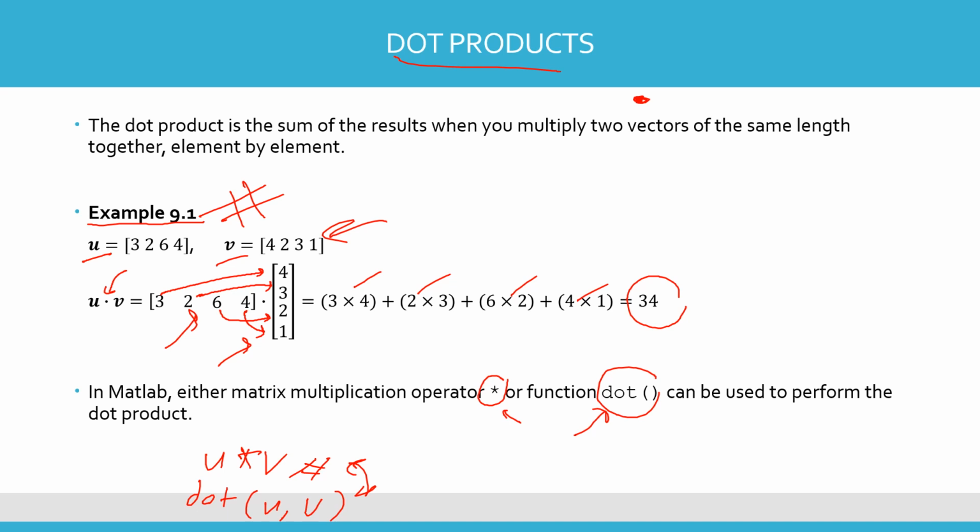I give you a simple example. Don't forget to test this and submit it in e-learning. Example 9.1. You have u, you have v. For the dot product, you can see here it uses dot. What it means by dot product is this one will be multiplied with this, plus this one multiplied with this, plus this one multiplied with this, plus this one multiplied with this.